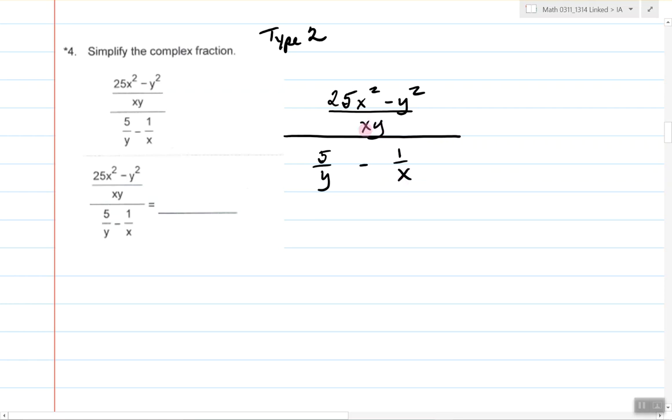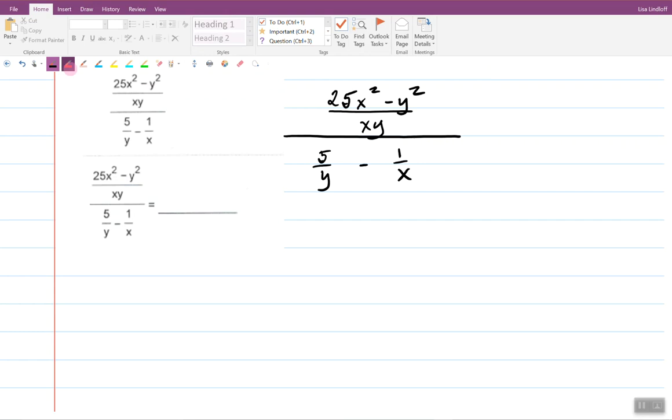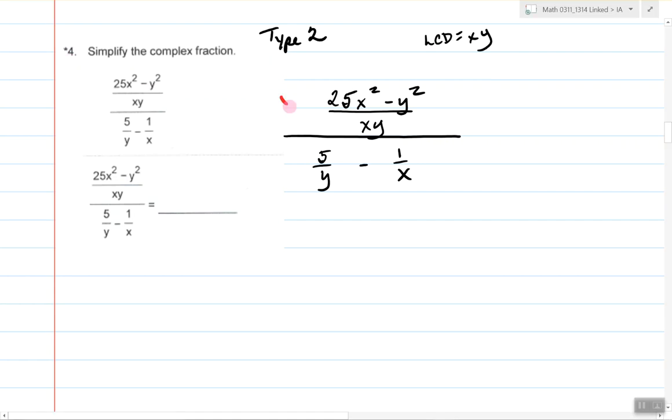Look at the denominators. xy, just y, just x. The LCD is xy, because remember you need one of every different kind of factor to get the least common denominator. So I'm going to multiply xy times the numerator, xy times this term of the denominator, and xy times this term of the denominator.